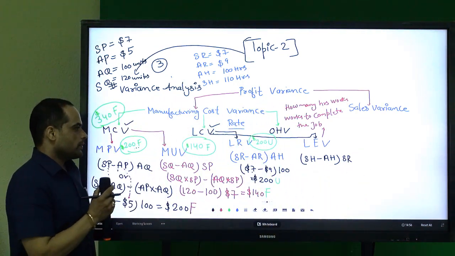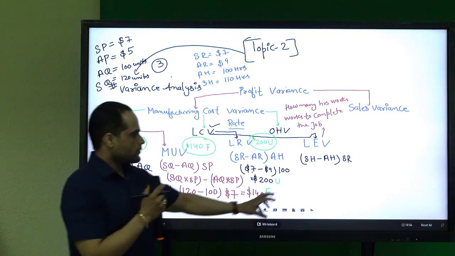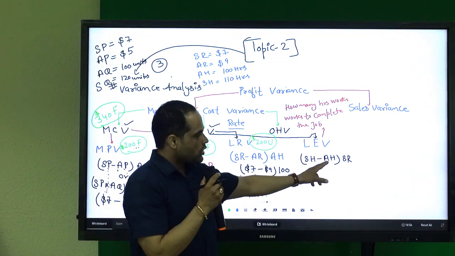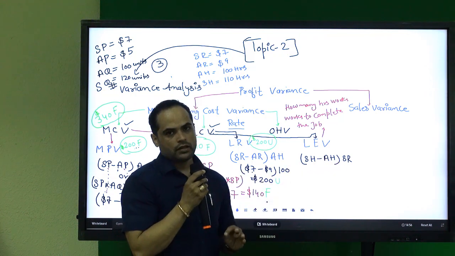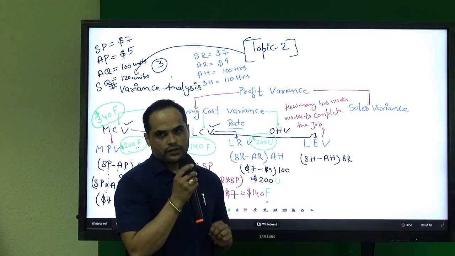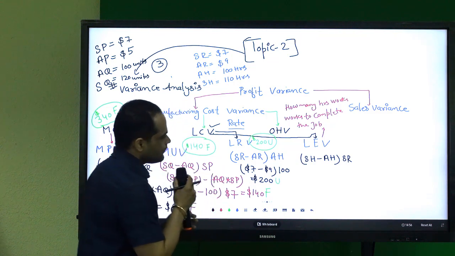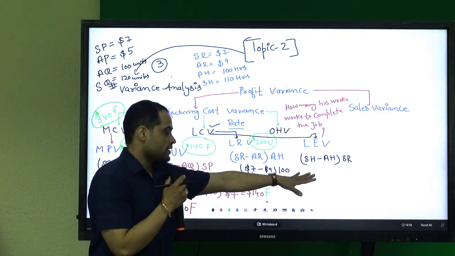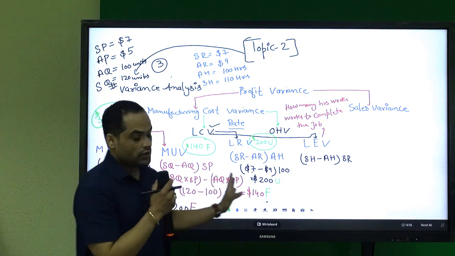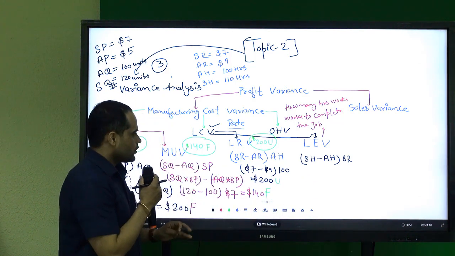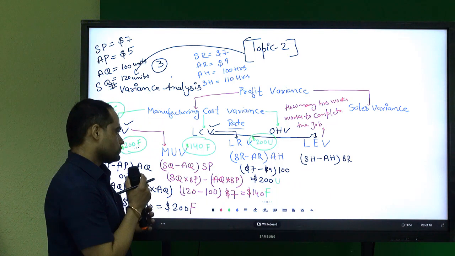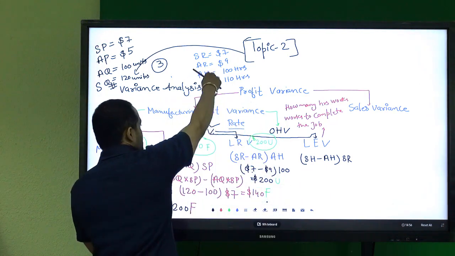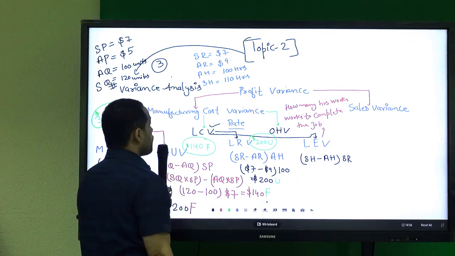So the formula is standard hours minus actual hours, multiplied by standard rate. I'm not going to write these formulas in another way; if you want, you can write them down. We're going to apply the same numbers in this formula.